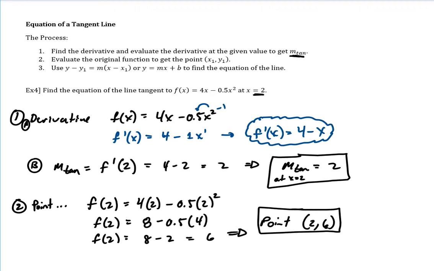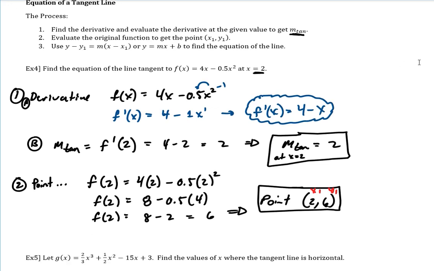That's usually where we use this as x1 and y1. So we have our slope, we have our point, and our third step is to use the equation of a line, which is y minus y1 equals m times x minus x1. Now we'll plug those in. Our m_tan is 2, so that goes there.